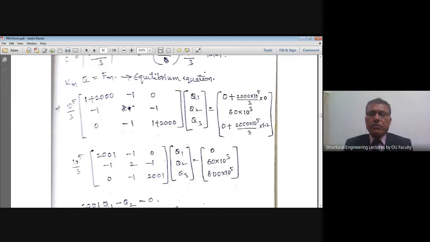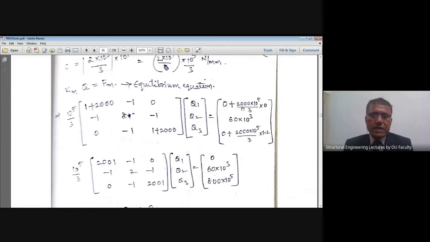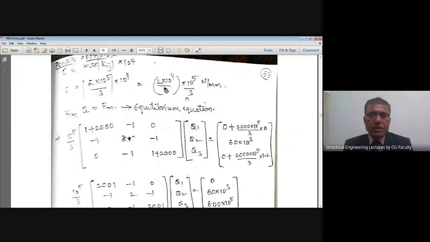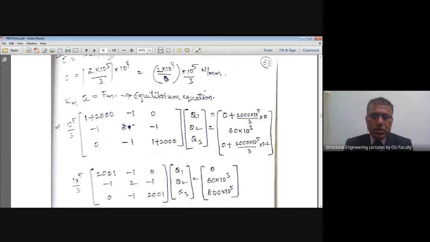Along the third degree of freedom, no load was acting, but because of this penalty approach, the change in the load vector is C multiplied by A1 along F1. But A1 is already 0 because the left end will not yield, because it is a hinged end.